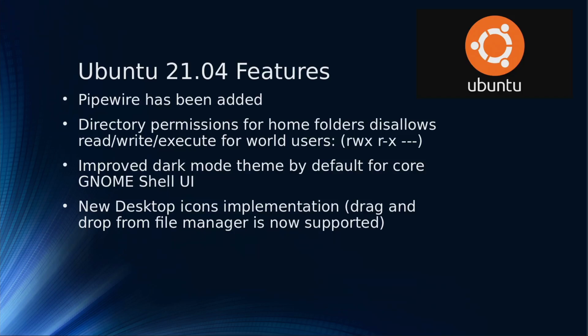The other one is kind of an important one. This one is directory permissions. Before, Ubuntu defaulted the home directory permissions to 755, which generally is frowned upon, especially in the enterprise. You don't want to leave world-readable permissions open because then people could read the contents of your home folder.